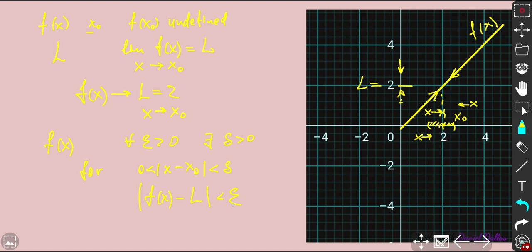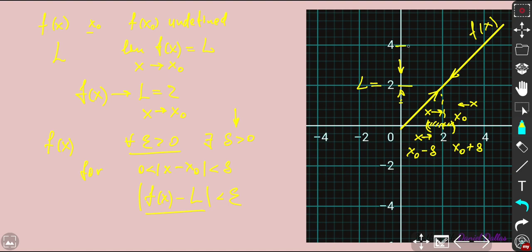What it means is that for every randomly chosen number epsilon, we can take a specific number delta, so that this surrounding, basically x0 plus delta and x0 minus delta, will ensure that the difference between f(x) and the limit L is within epsilon.